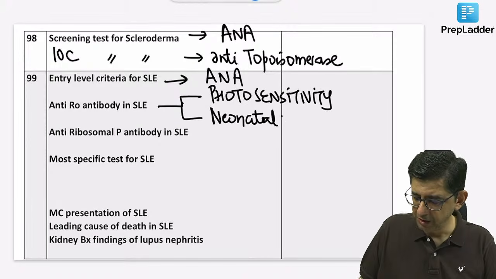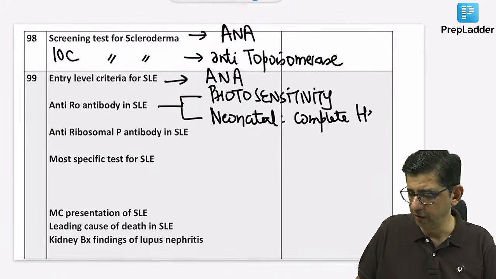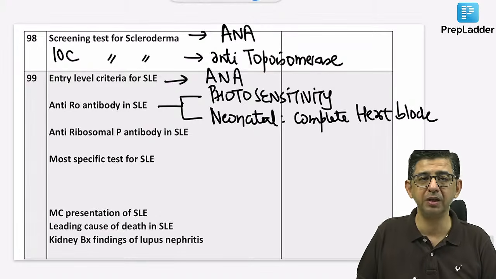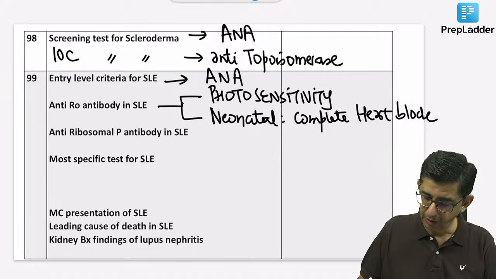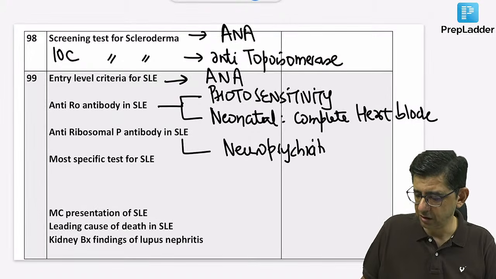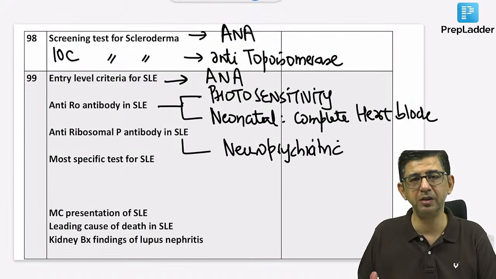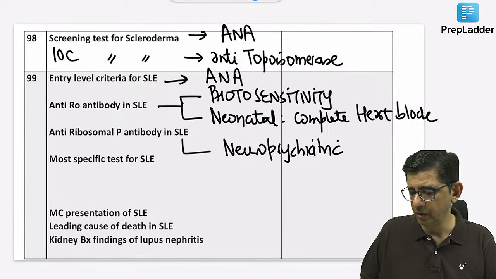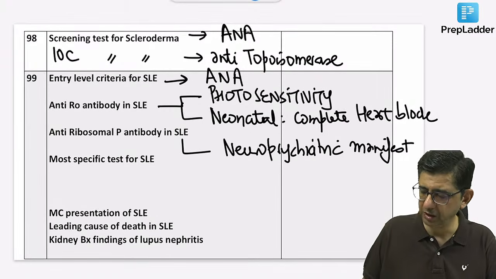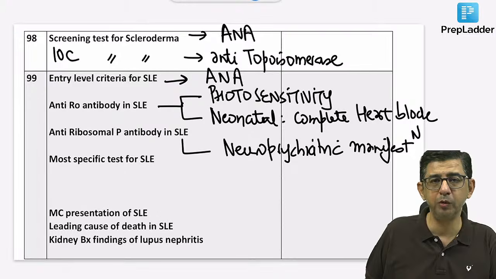The neonatal presentation can be development of complete heart block, because the antibody will damage the AV node of this baby, and that is why complete heart block can occur. Anti-ribosomal P is for neuropsychiatric manifestations. The usual neuropsychiatric manifestations asked are depression and psychosis. But this is very peculiar, because a neuropsychiatric profile with an antibody is what he wants to hear. The antibody name is anti-ribosomal P antibody.